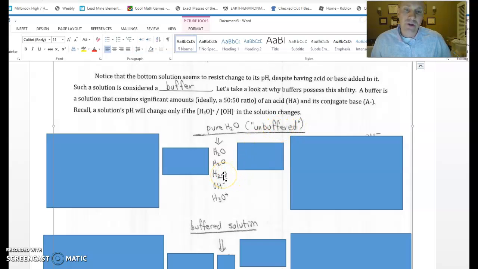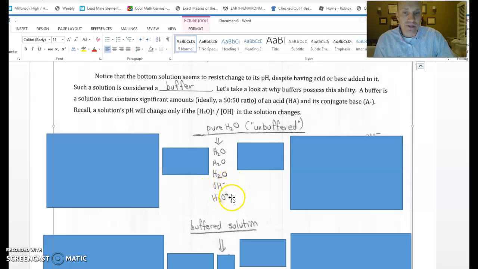To represent this, I'm just going to show a couple of H2O molecules. And let's think about what all is in there. First of all, we have a lot of water molecules, and this is an exaggeration. So what else would be in there? We are going to have some hydroxide and some H3O+.